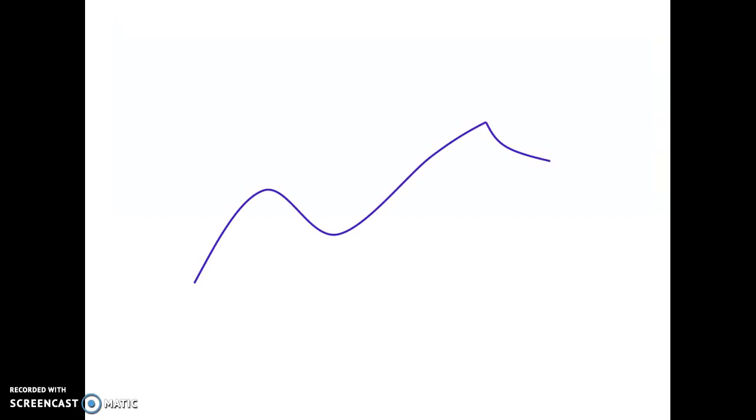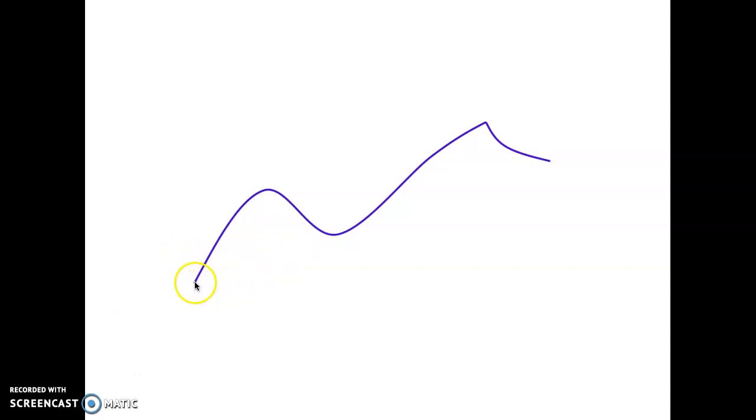So let's look at this function. This function has endpoints, so I have an endpoint down here, a left endpoint, and I have a right endpoint over here. Let's look at all the different values on this function and just use some vocabulary. We could say this endpoint over here is the global minimum or the absolute minimum value.